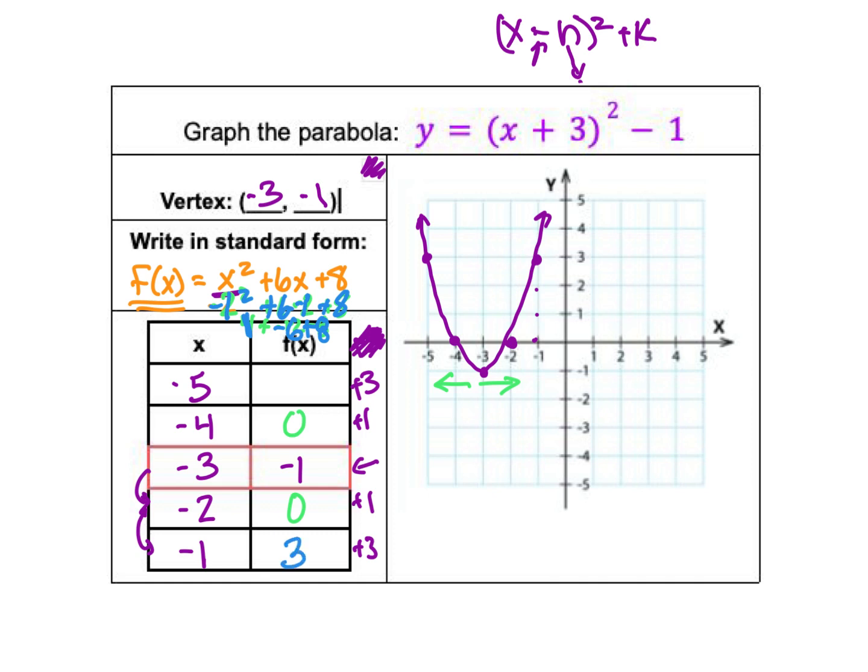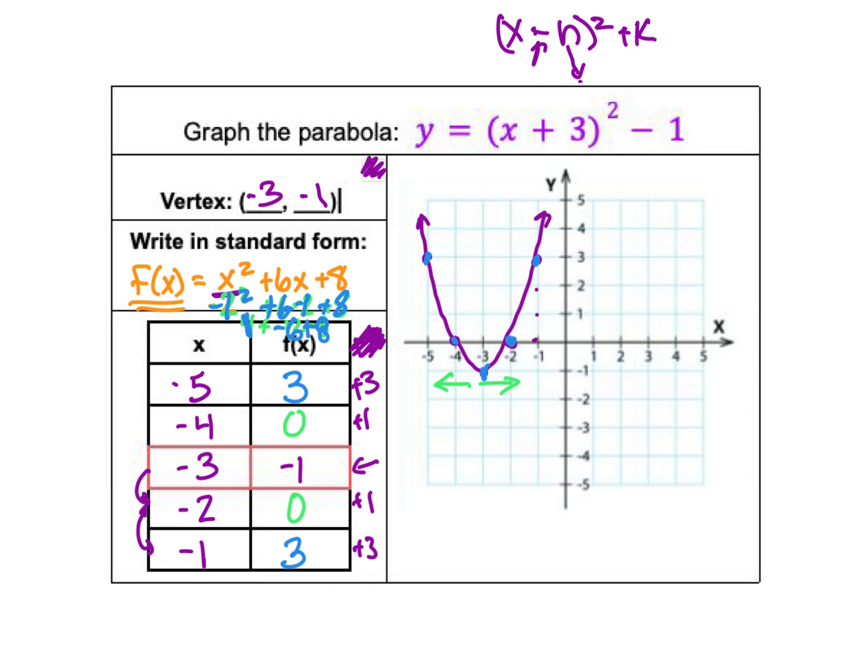On the opposite side, I'm also going to have positive 3. Now if you look here, I got the exact same things. At negative 2, I got 0. At negative 1, I got positive 3. And same on the other side.